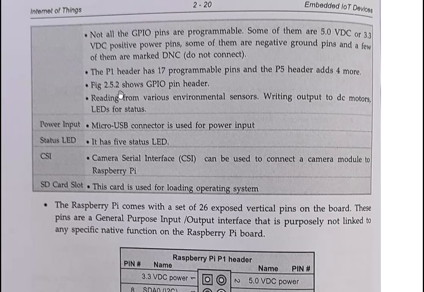Not all the GPIO pins are programmable. Some of them are 5 volt DC or 3.3 volt DC positive power pins, some of them are negative ground pins, and a few of them are marked DNC, do not connect pins. The P1 header has only 17 programmable pins, and the P5 header adds four more.